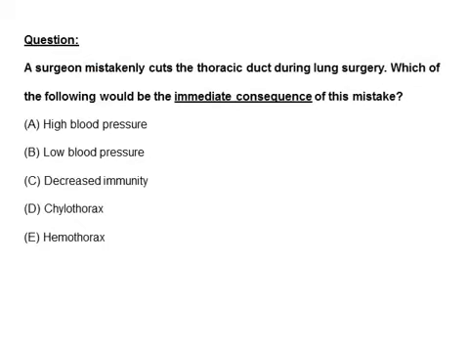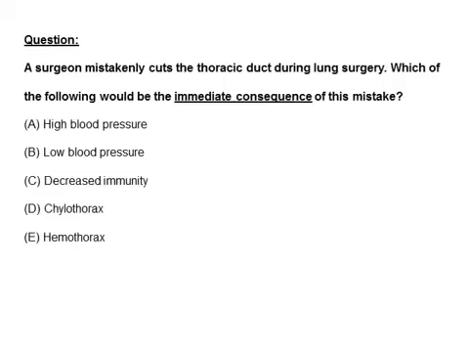Let's test the information that you have learned so far by this question. A surgeon mistakenly cuts the thoracic duct during lung surgery. So a surgeon was doing lung surgery and by accident he hits the thoracic duct and cuts it. Which of the following would be the immediate consequence of this mistake?